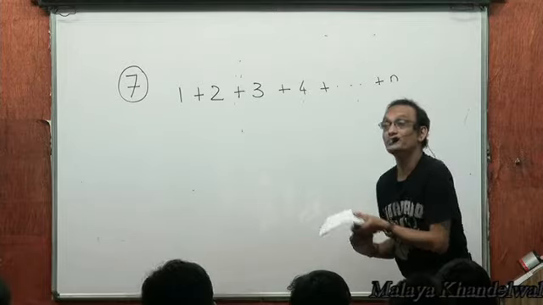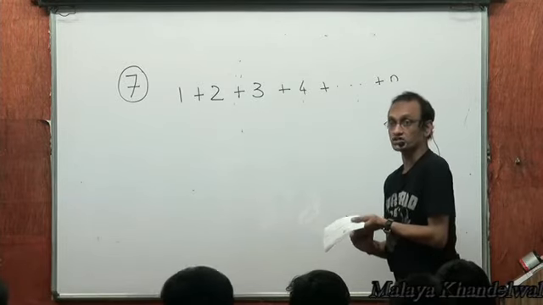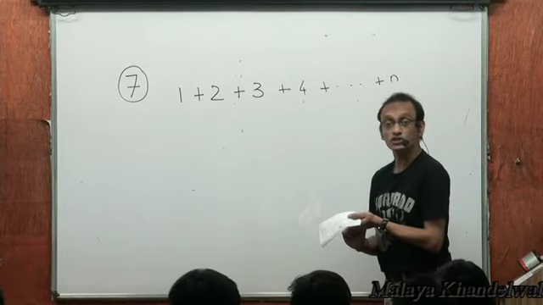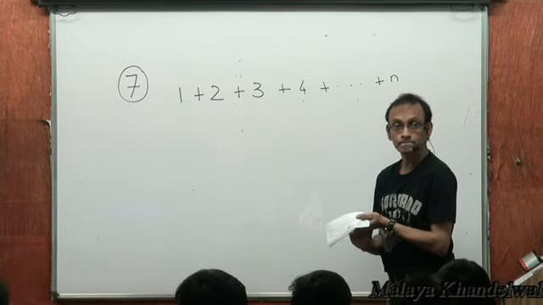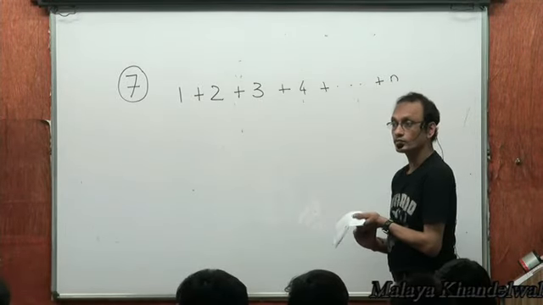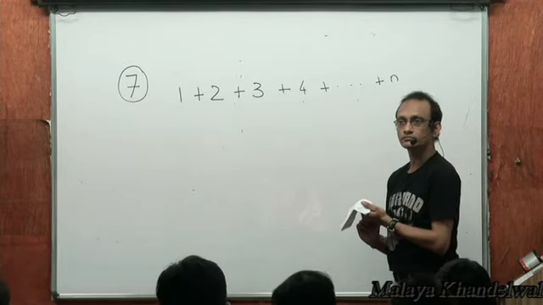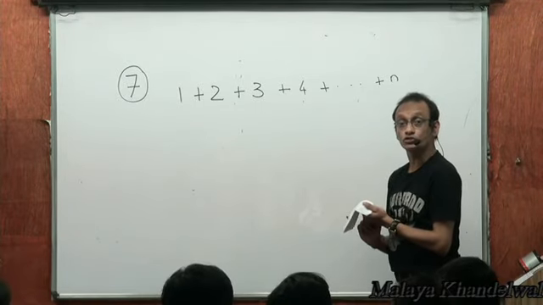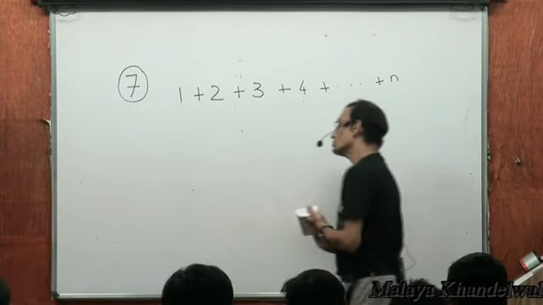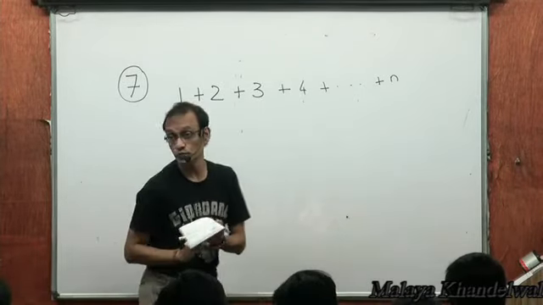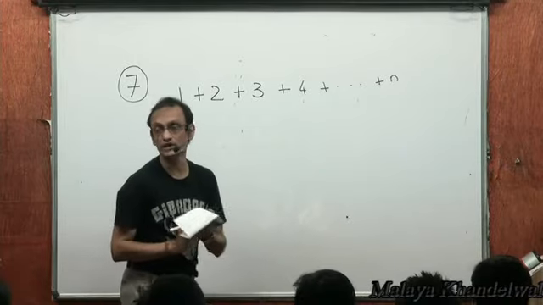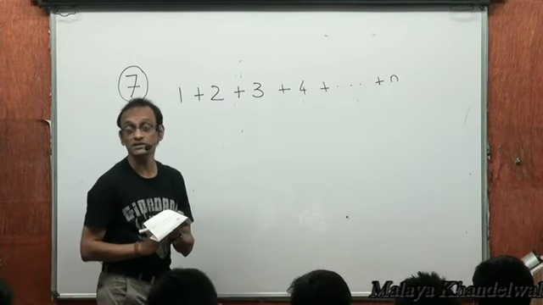Can this be a prime number ever for n belonging to the set of natural numbers? Can this be prime? N greater than 1. N equal to 2? Okay. So, for n more than 2, can this ever be a prime?